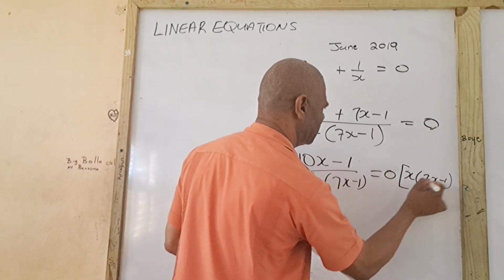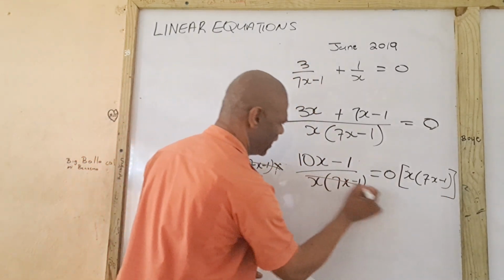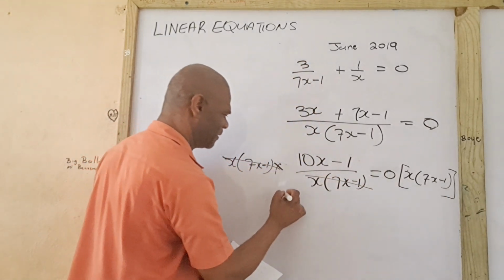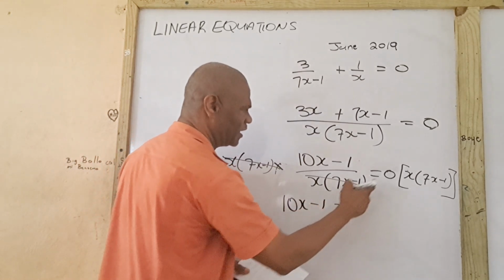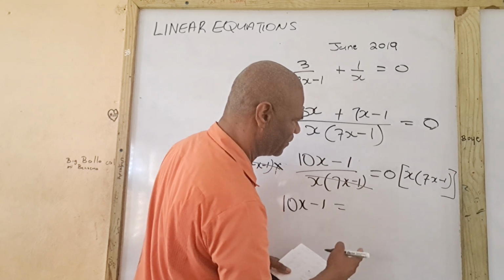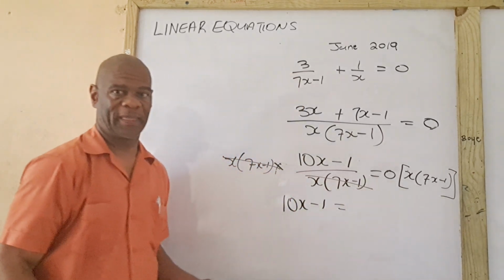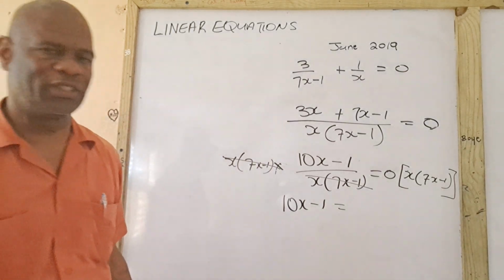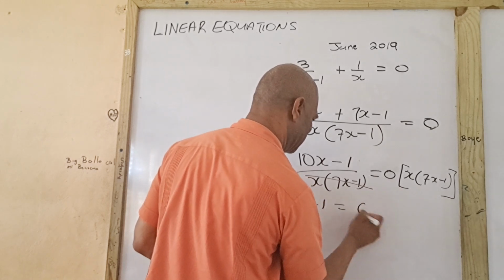Right? Multiply. Right, now this cancels that, so we're left with what? 10x minus 1 equal, any number times 0 is what? Any number times 0 is equal to 0. Right? So that's equal to 0.